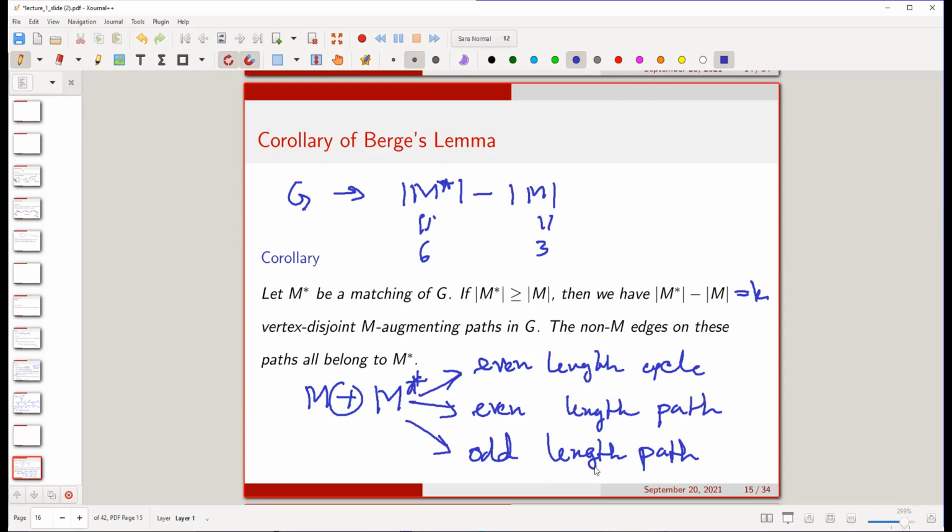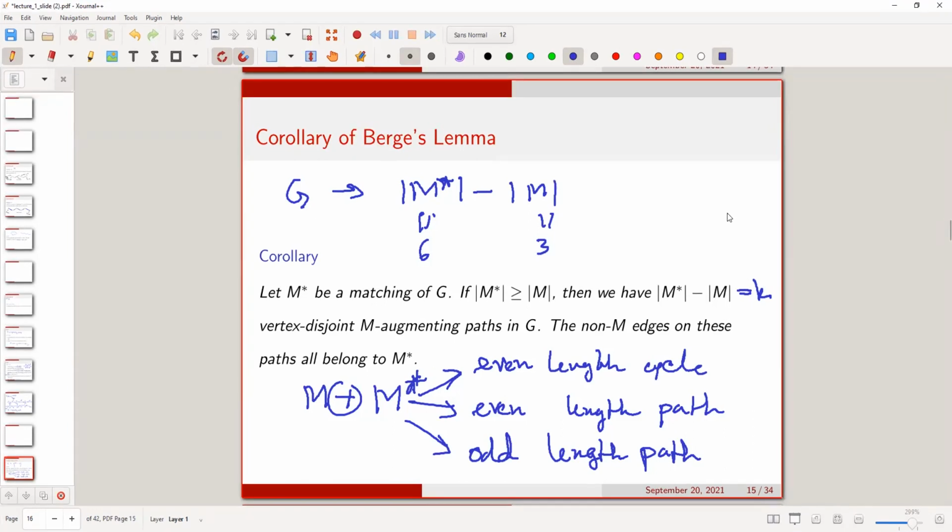Is the proof fine, or do you want some more explanation here? Is this one fine for you?